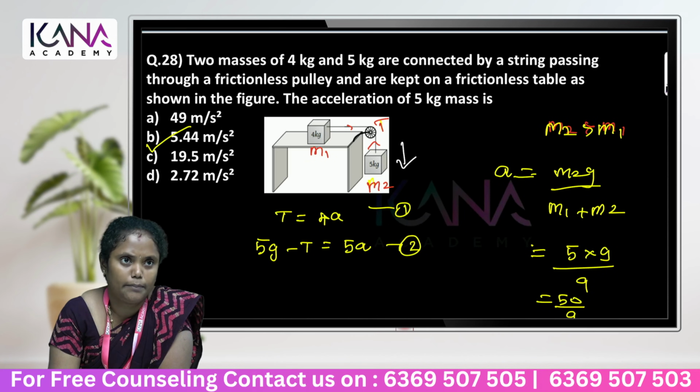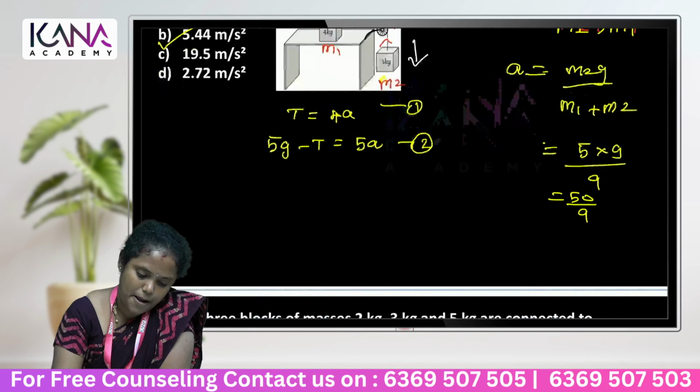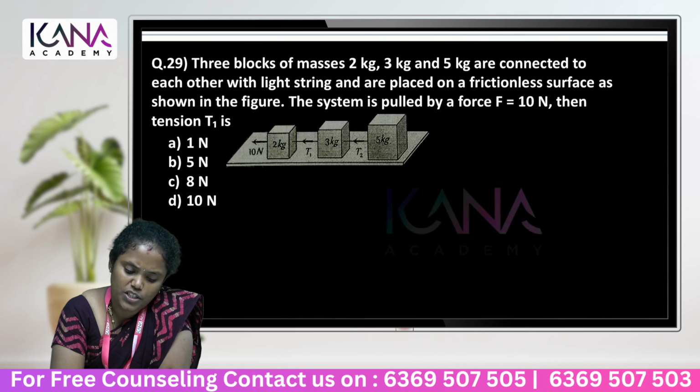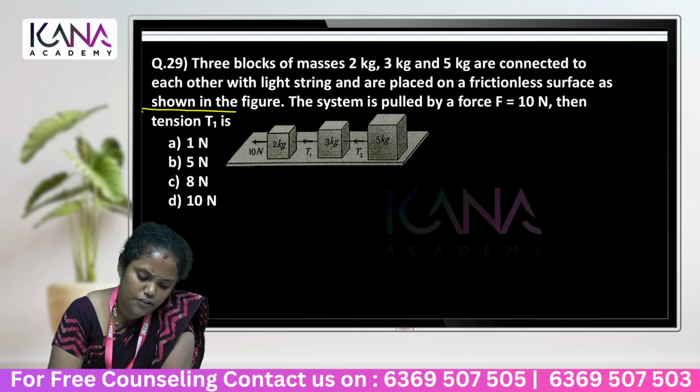Everyone completed? Three blocks of masses 2 kg, 3 kg and 5 kg are connected to each other with light string and are placed on a frictionless surface as shown in the figure.